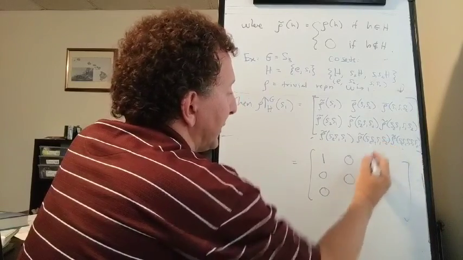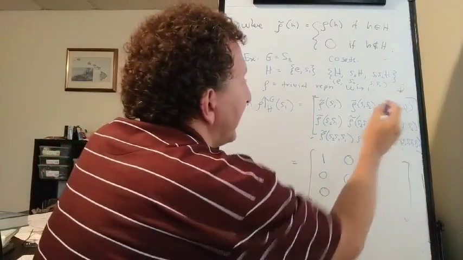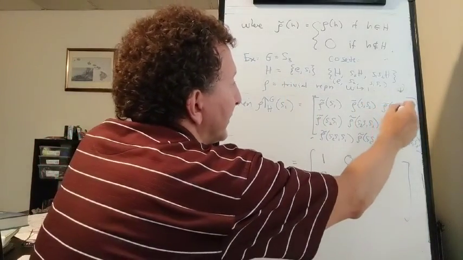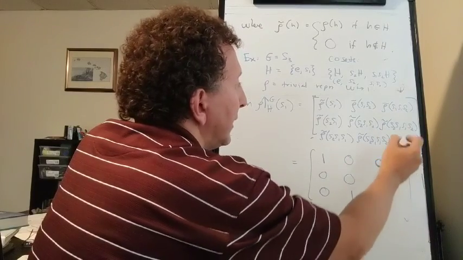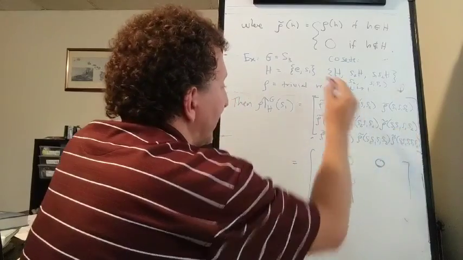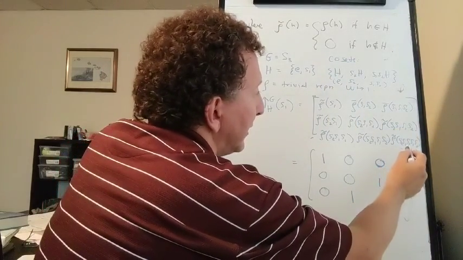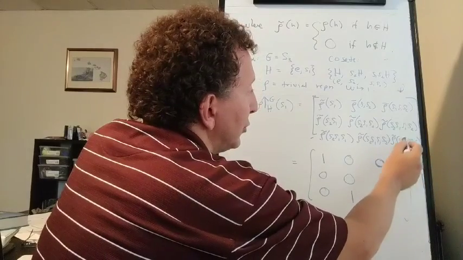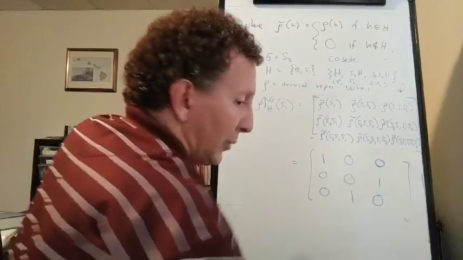This is the identity element. So that gets mapped to 1 because it's part of the subgroup. And then in the third column, s1s cancel, s2 is not part of the subgroup. s1s cancel, s2s cancel, and we have the identity element. That is part of the subgroup. And then here, 2 s1s cancel, and we get s2 s1 s2. That element is not part of the subgroup, so we get a 0 there.